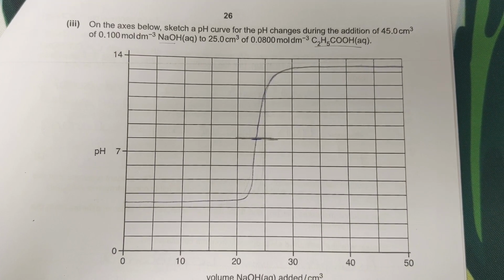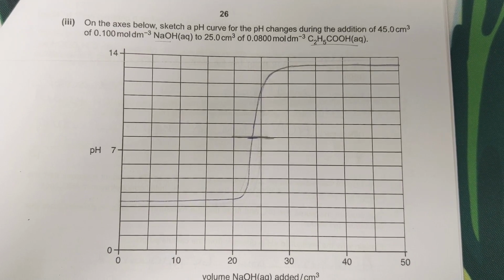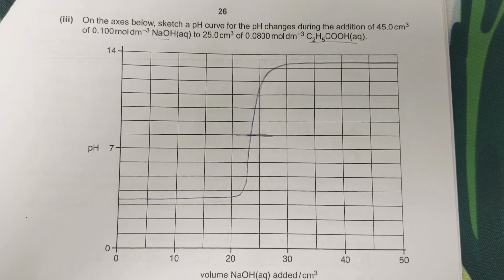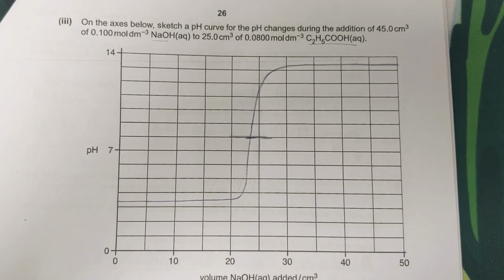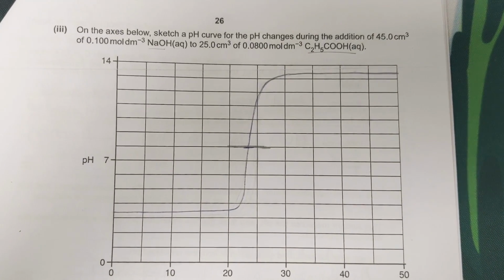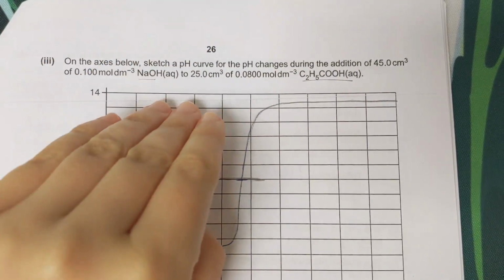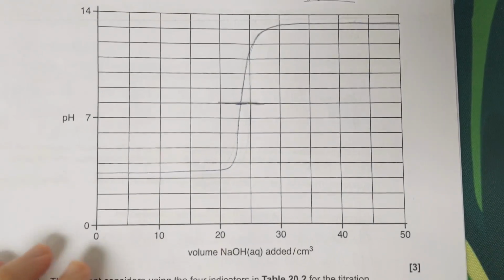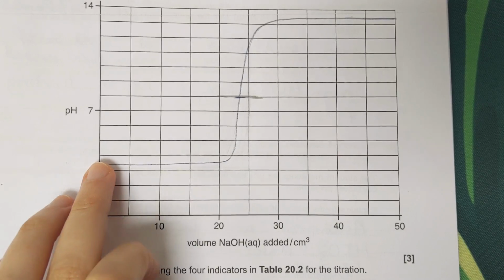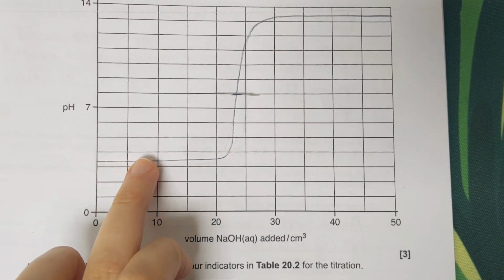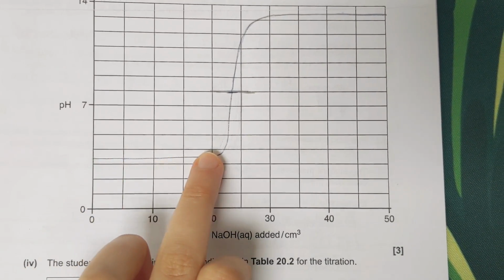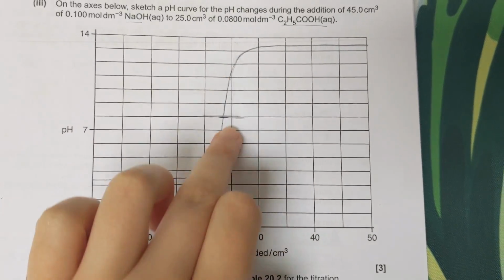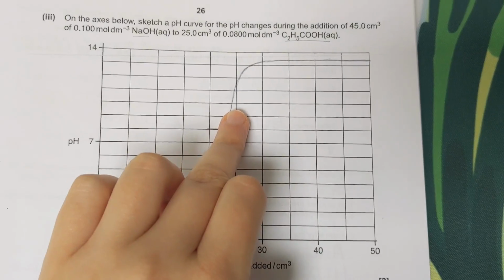So this next question is about a titration, and it wants us to draw a pH curve for the titration of a strong base against a weak acid. Now it tells us the volume needed of the weak acid, 25 cm3 of 0.08. So normally we do our straightish line, horizontalish line across to 25, and then an almost vertical line at the equivalence point.